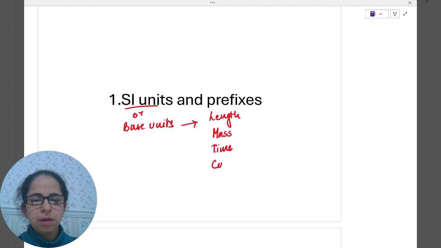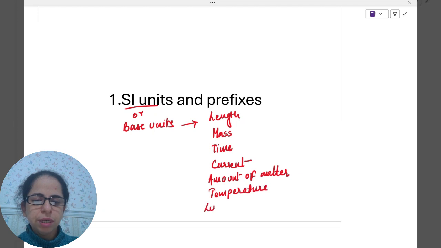Then current, amount of matter, which is used mainly in chemistry. Then you have temperature. And the last one, which is luminous intensity. You will see this particular one if you will be doing the space topic.